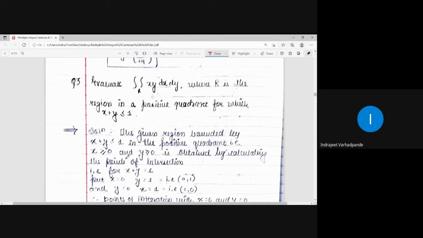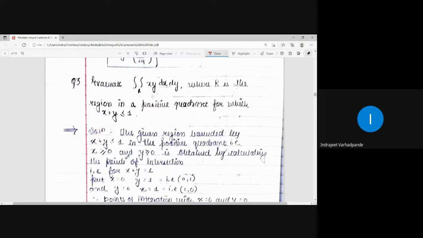Now, in this particular section of the problems or the examples, we will not be provided with the limits, we will be provided with the region, and from that region or the data which is provided in an example, my first step will be to draw the rough sketch or the diagram so as to interpret the region.